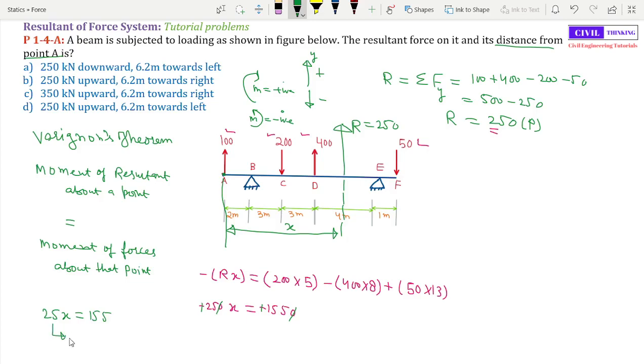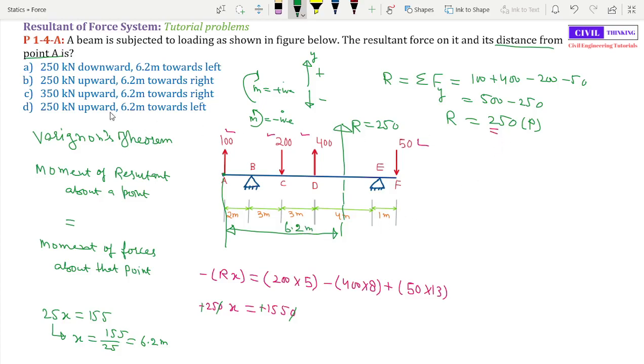From here we get the value of x is equal to 155 divided by 25. 155 divided by 25 is 6.2, of course meters. So we get the value of x as 6.2 meters. Now which option is correct?